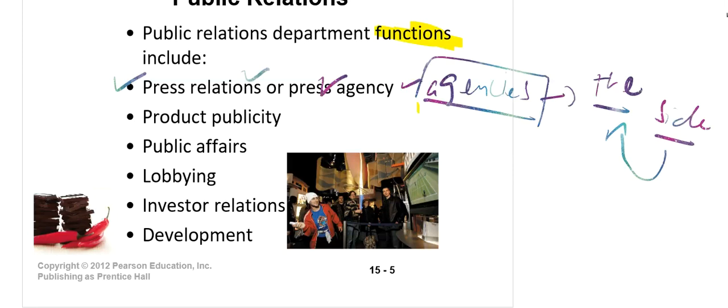Number two, another function of public relation department is to publicize their product. Publicize the product means when there is a new product or when there is a current product.